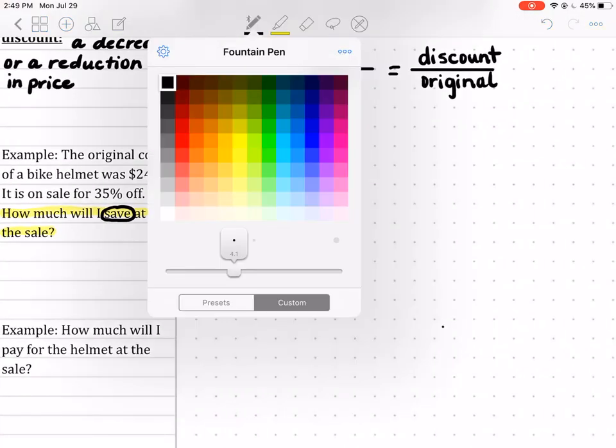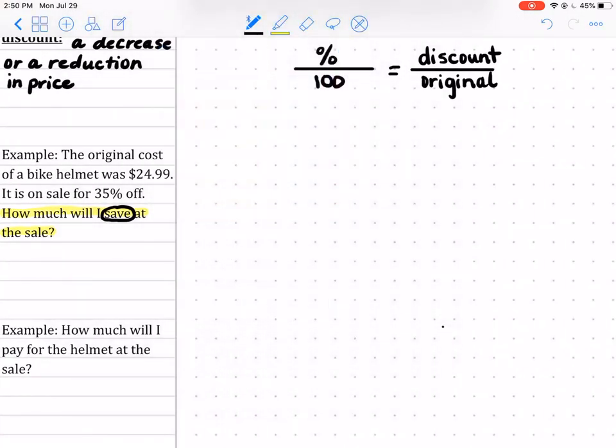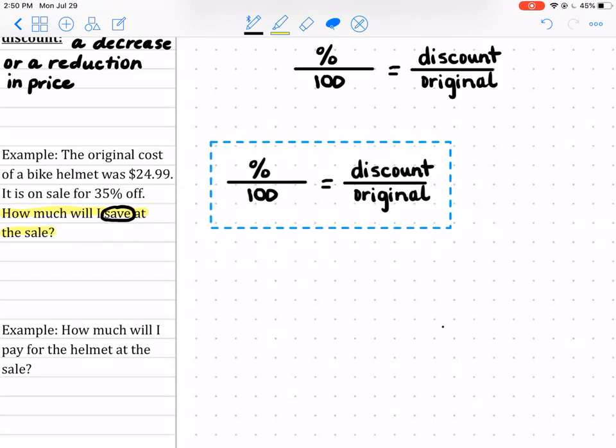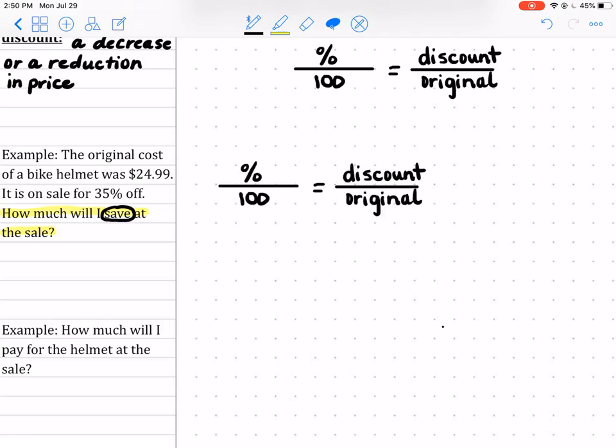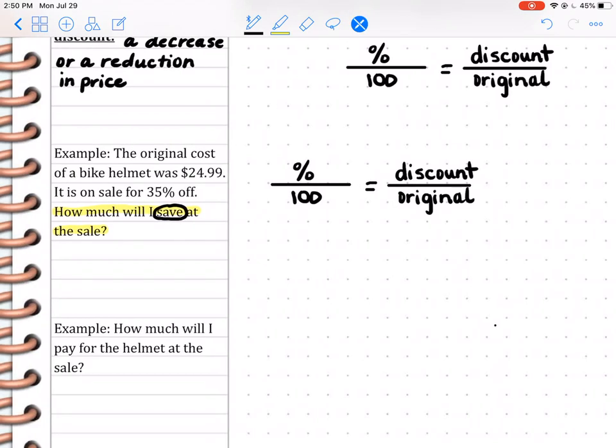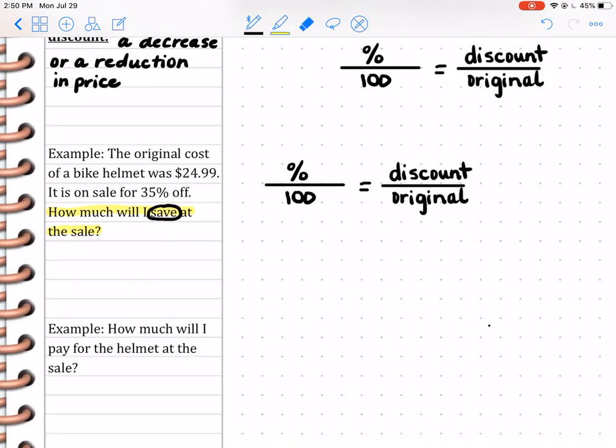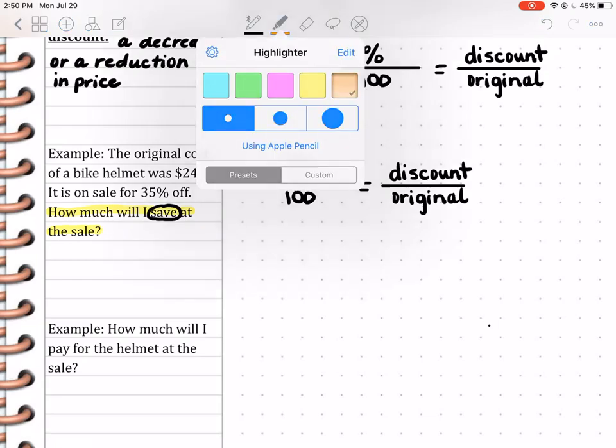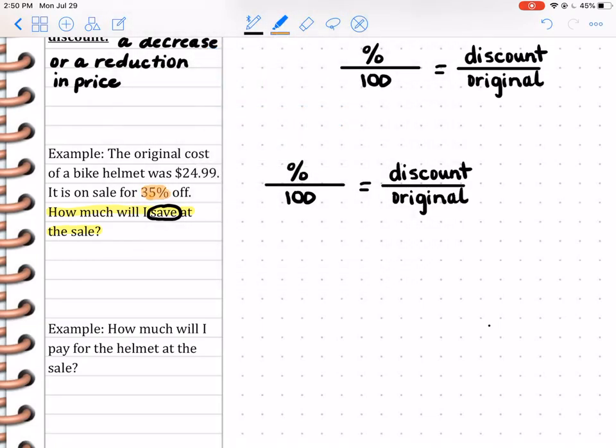I'm going to bring my pen size down just a hair. That's kind of big. So I'm going to use that same form that I just showed you, the one to memorize. And let's plug in the numbers that we know. Do I know the percent? Yes, right there.